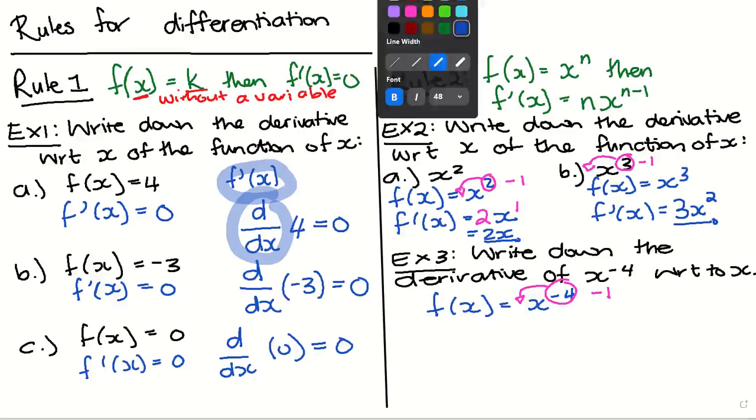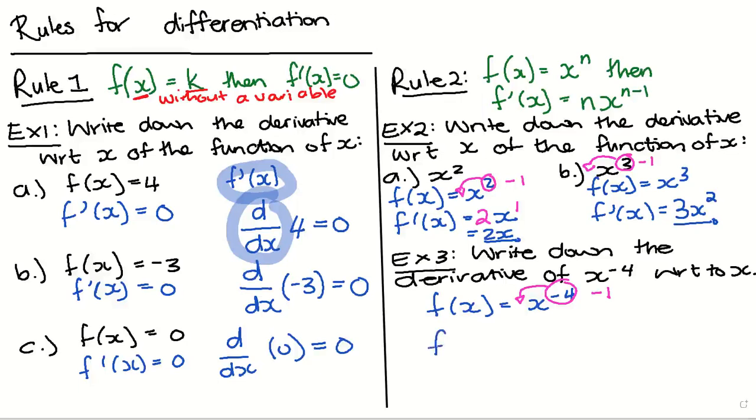So to write my derivative out, I'm going to write the derivative with regards to x of the function f(x) is equal to minus 4 multiplied in front here, which ends up giving me minus 4, because there's an invisible 1 there, right? So minus 4 times 1 gives me minus 4, and we end up having x, and we're minusing 1 from minus 4, so it becomes minus 5.